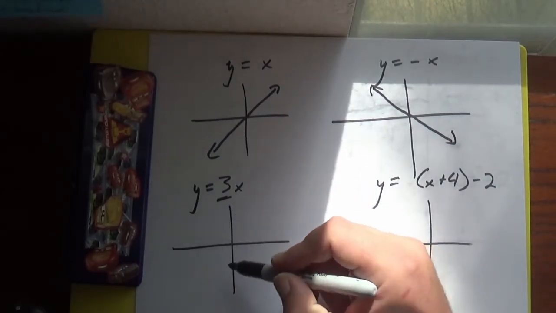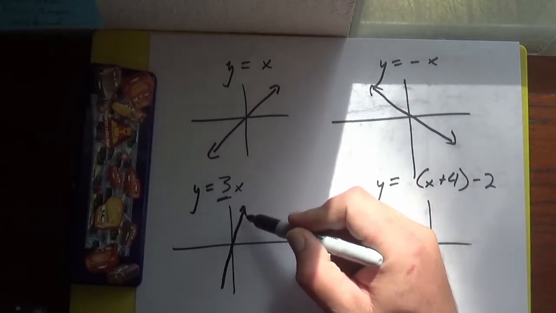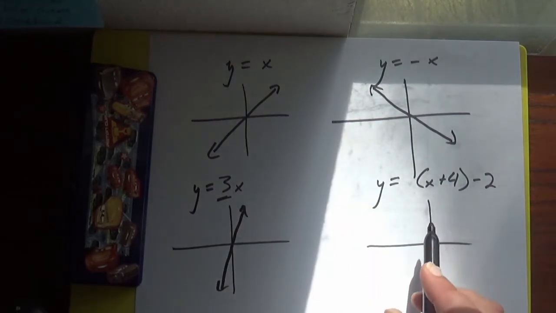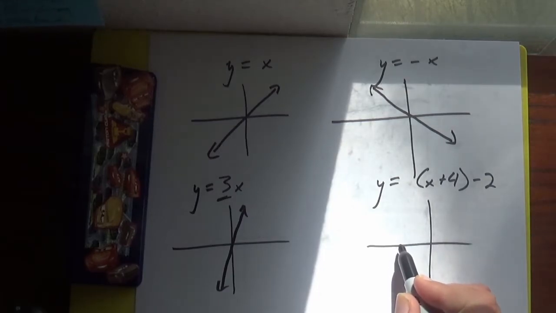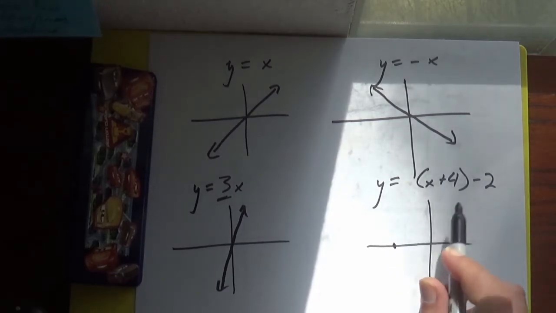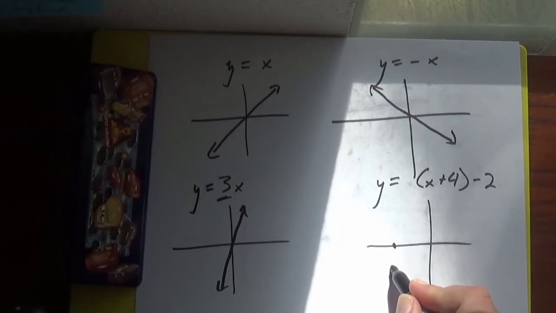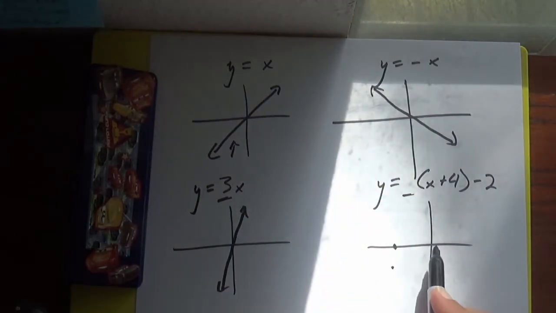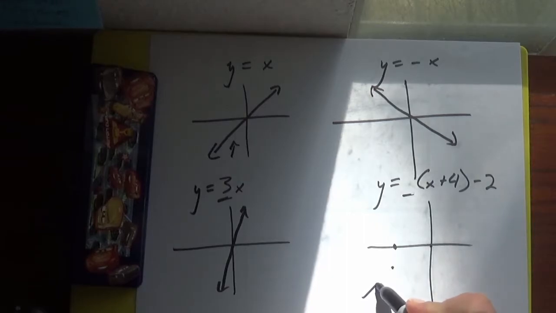It's bigger than 1, so it's going to make it steeper. This plus 4 means we're going to move to the left 4. And then this minus 2 means we're going to move down 2. And then there's no a, so it's going to be like this line. But instead of starting here, we'll start here. So something like that.